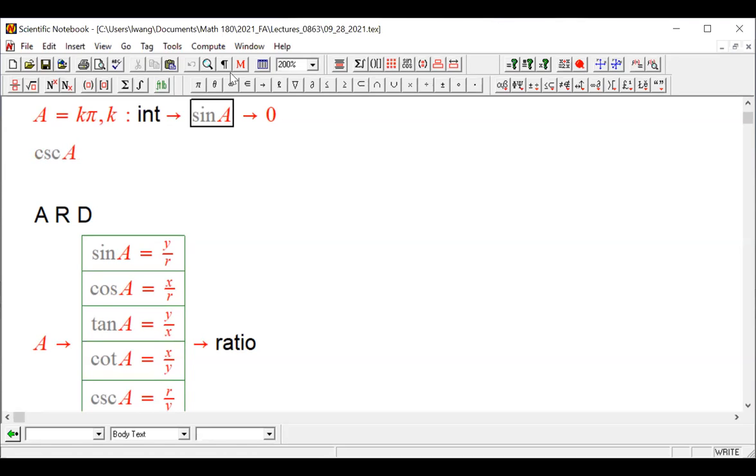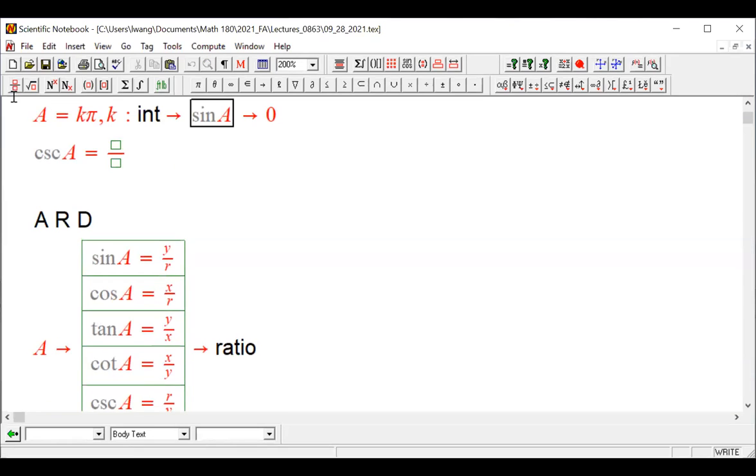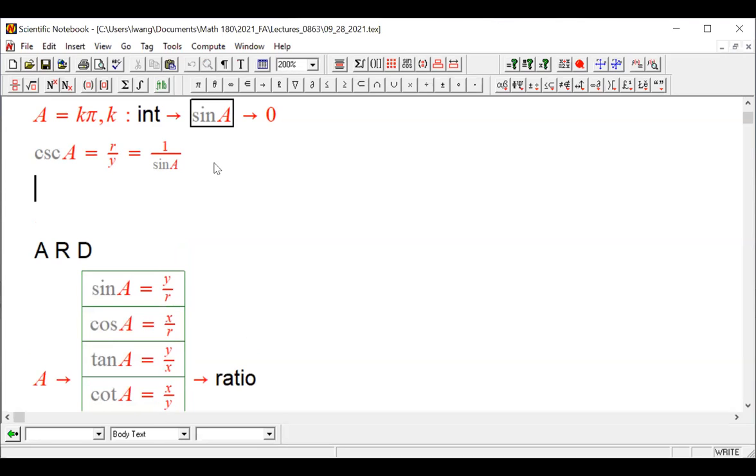Cosecant of A equals R over X. I'm sorry, R over Y. Isn't this 1 over sine? Yes.